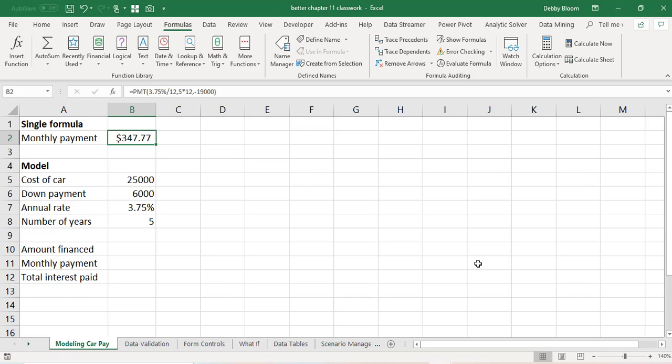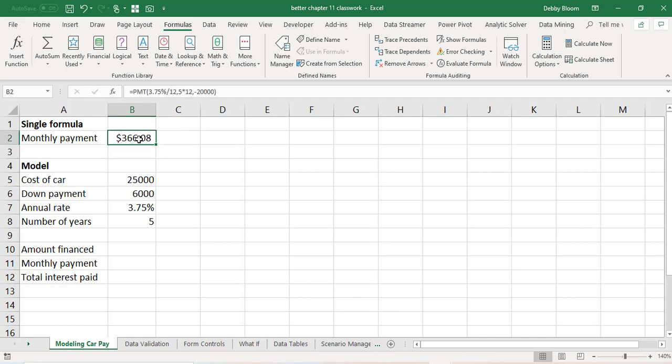Now, if I was trying to do a what-if analysis, it would be very difficult to alter this formula. So if somebody said to me, "Oh, Debbie, let's change the down payment from $6,000 to $5,000," I'd have to think, okay, 25,000 minus 5,000, that means that the payment is now 20,000, so I'd have to edit the formula within the formula.